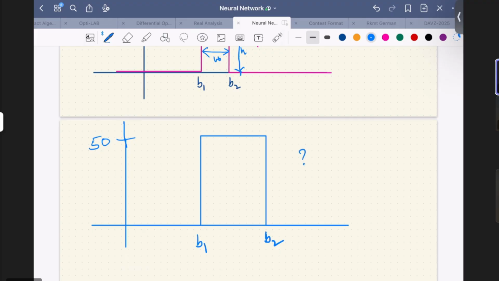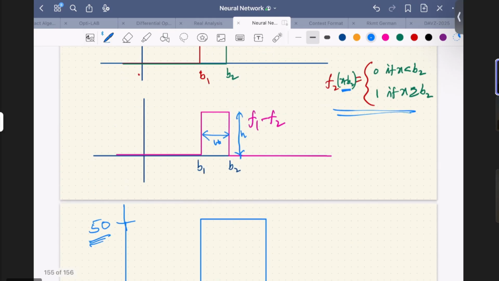Here we have to multiply by some extra parameter. Tell me exactly, like, 50 I want. Here F1 and F2 are giving just 1 only. It is not giving the 50 height.